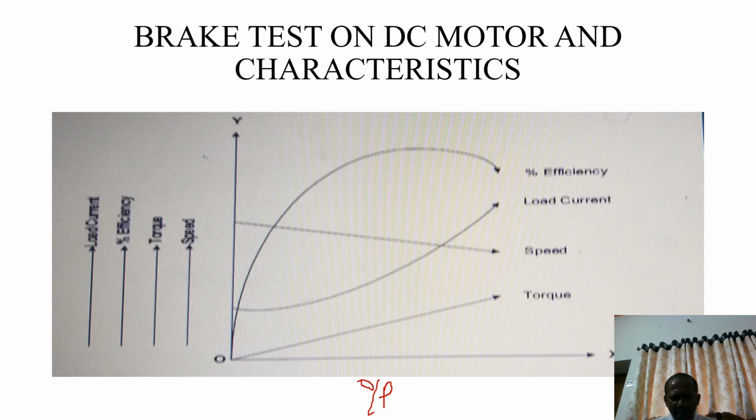As output power increases, the efficiency also increases, as shown in this graph. This is the performance characteristics of the DC shunt motor when conducting the brake test.